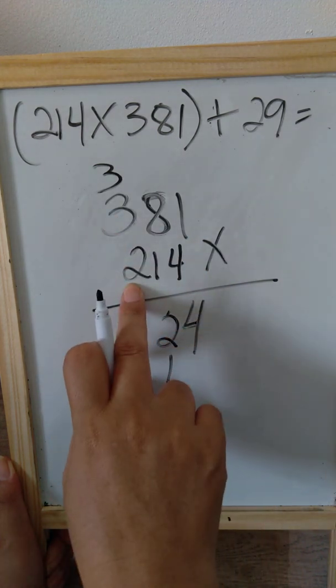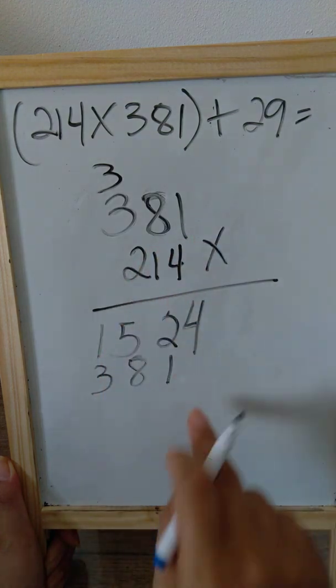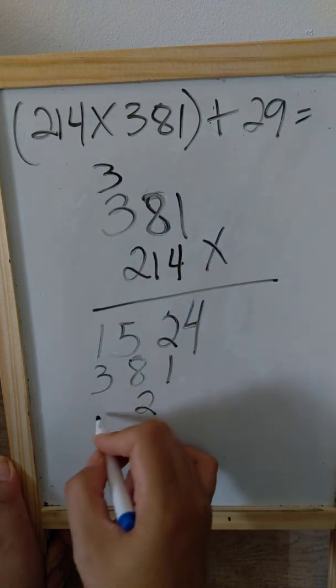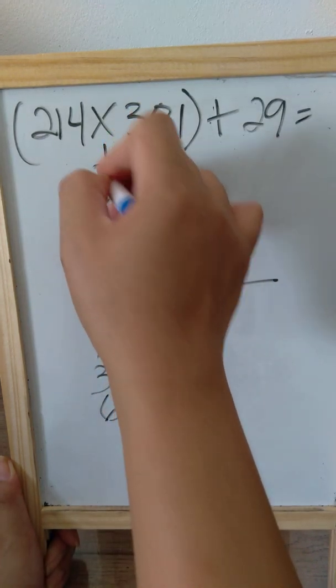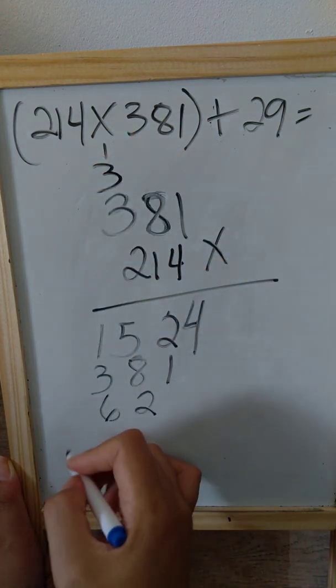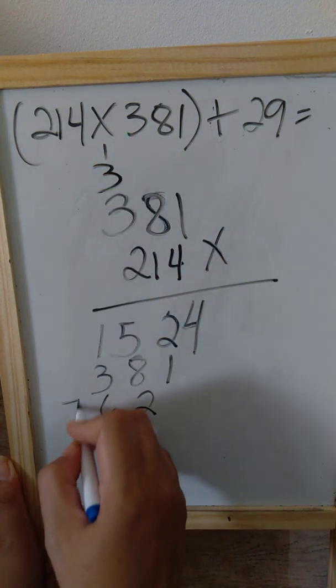Then now let's multiply 2. 2 times 1 is equals to 2. 2 times 8 is equals to 16. Carry 1 to 3. 2 times 3 is equals to 6 plus 1 is equals to 7.